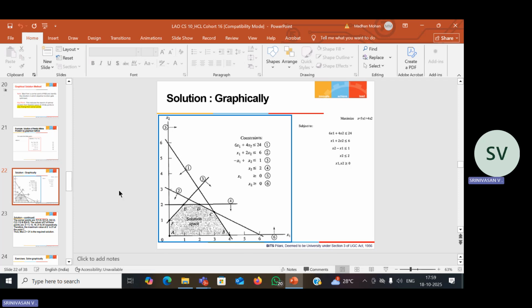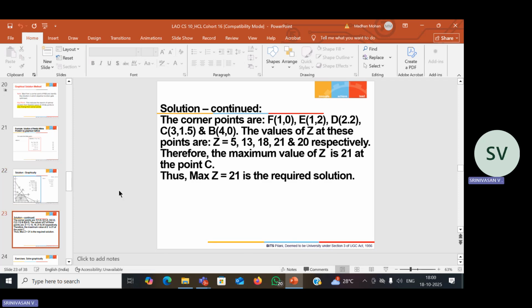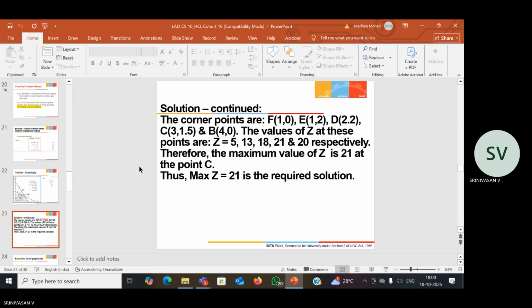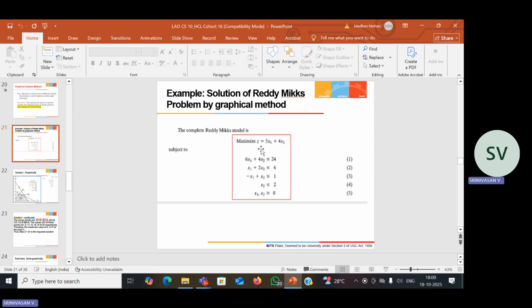The corner points I have already mentioned, and I have also shown you how you got them: F 0, 1, E 1, 2, D 2, 2, C 3, 1.5 and B 4, 0. The values of Z at these points are 5, 13, 18, 21 and 20 respectively. How do you get this? Just go to the function. For example, at 1, 0, x1 is 1, x2 is 0, so 5.